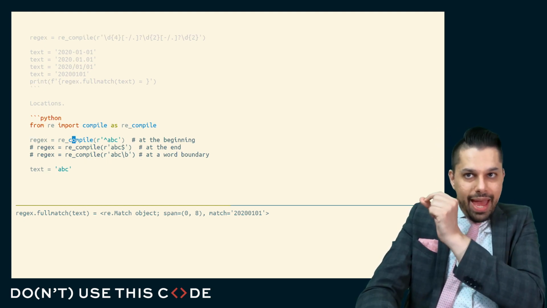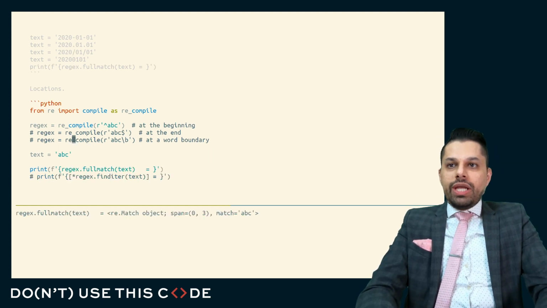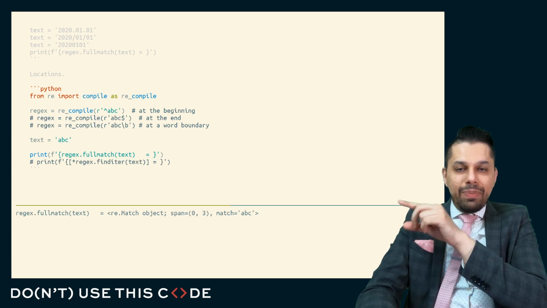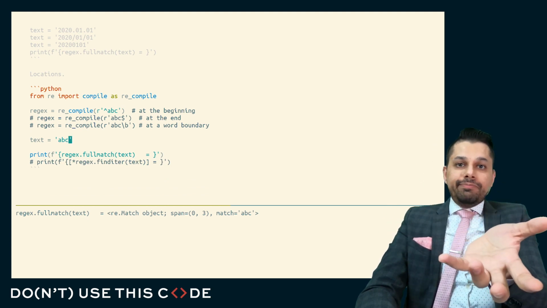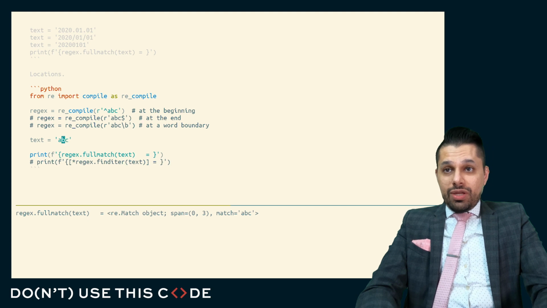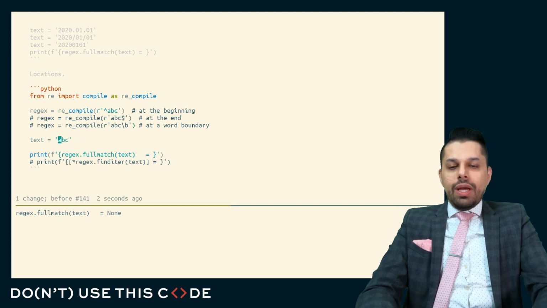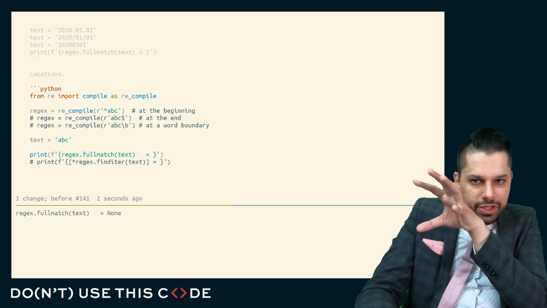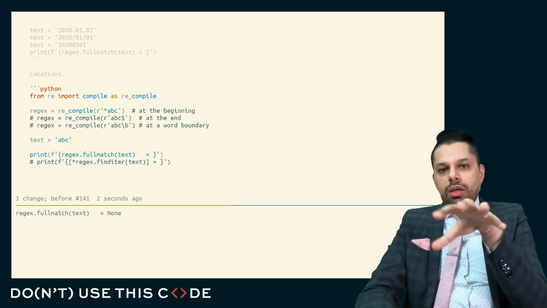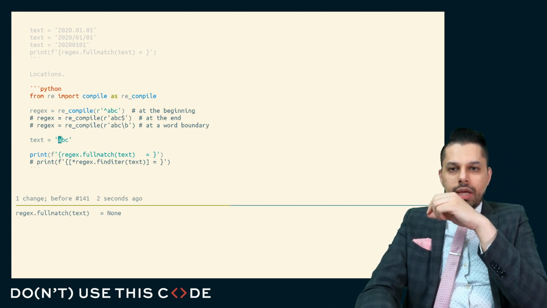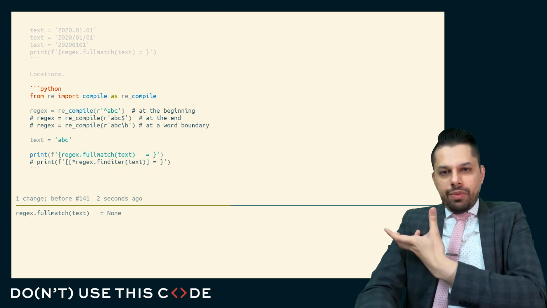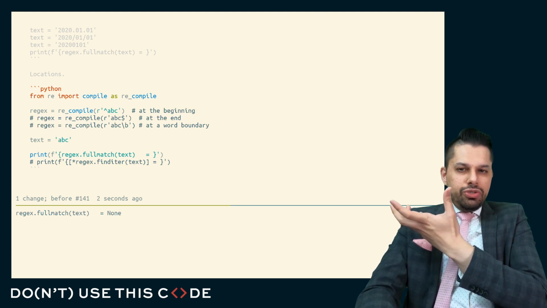We can specify where in the string we want to match. A caret means to match at the beginning, so this will match ABC if the string happens to start with ABC. If the string starts with something else, like XYZ, it won't match. Now, when you think about the search and match functions from the re library in Python, they also ask whether you match from the beginning or end. This is why we don't really need to use it that much.